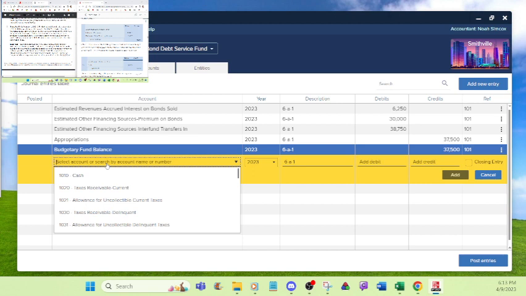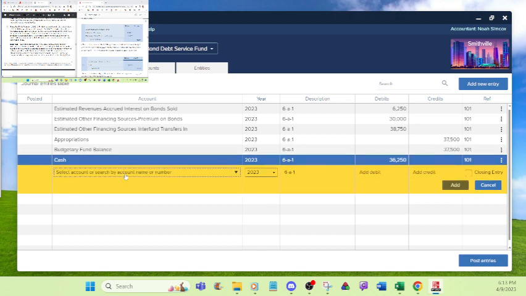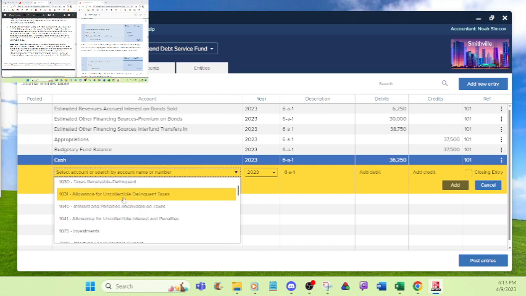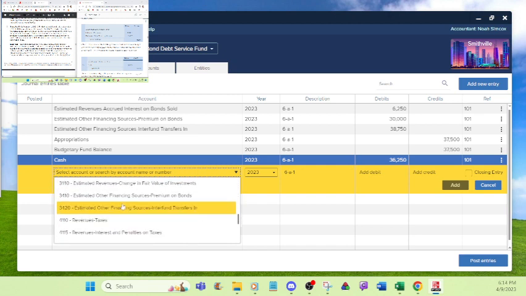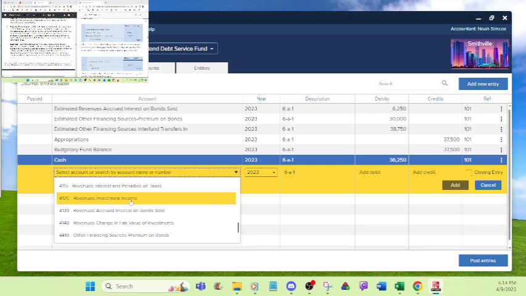So, increase cash by 36,250, and then we have revenues, accrued interest. Revenues, accrued interest on bonds sold.